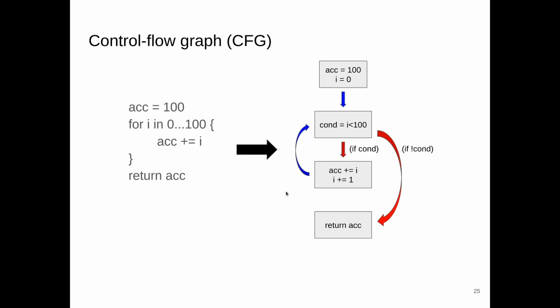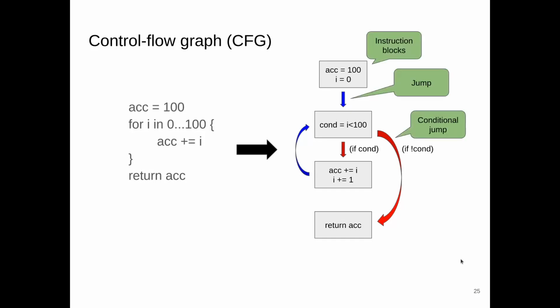So you can now see that these two programs mean the same thing. It is calculating the summation from 0 to 100, and returning the summation. But the left program, which looks like a C or C++ program, consists of statements, while on the right, the program consists of blocks and edges like this.